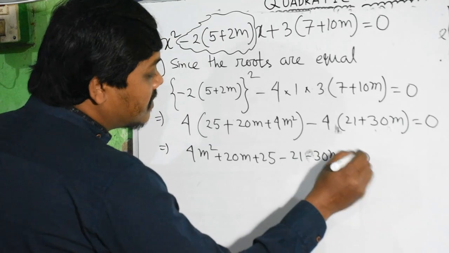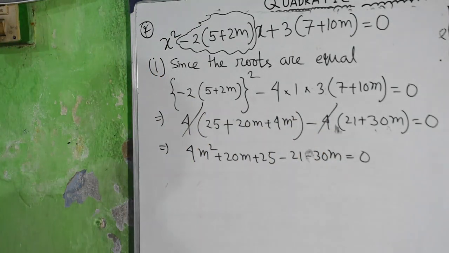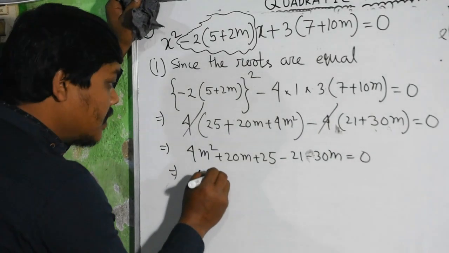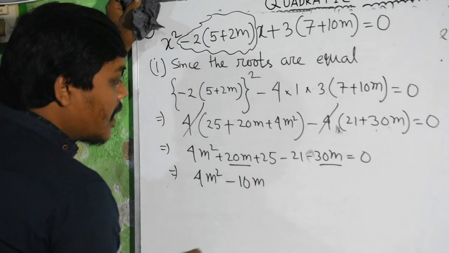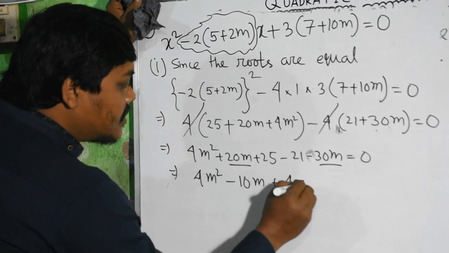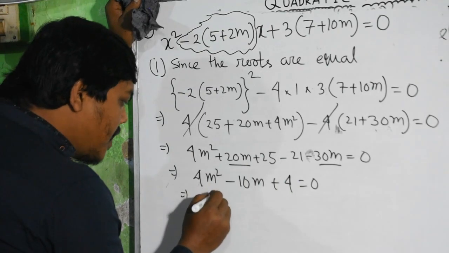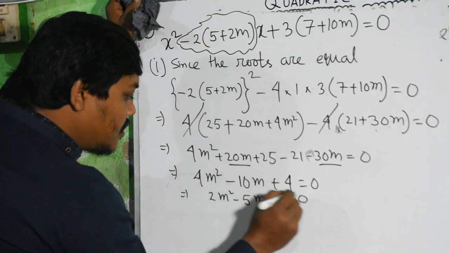Am I right? Because 4 cancelled. So 4m square minus 10m plus 4 equals 0. Okay, so 2m square minus 5m plus 2 equals 0.